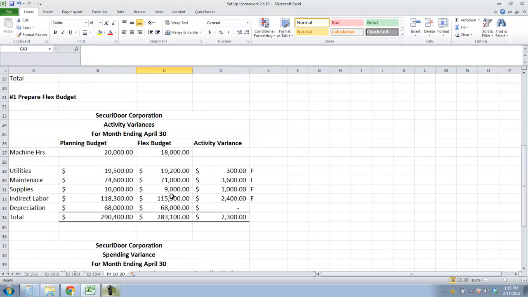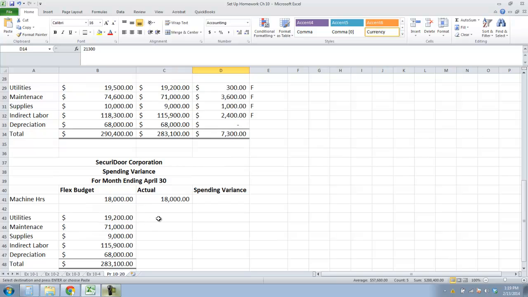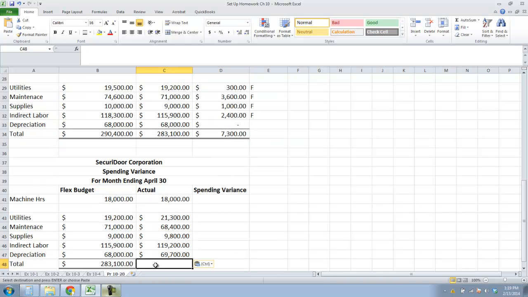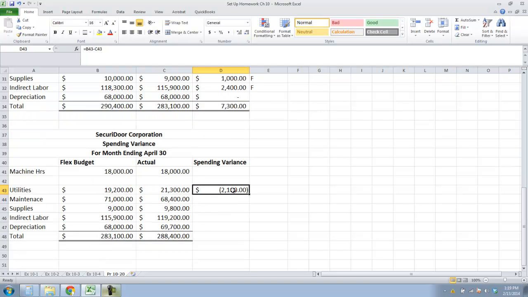Okay, now the actual was actually given. I'm literally going to go down here and paste numbers. I'm going to add these up. And now all I have to do is calculate the variance. And it's flex minus actual. If it's negative, it's an unfavorable variance.